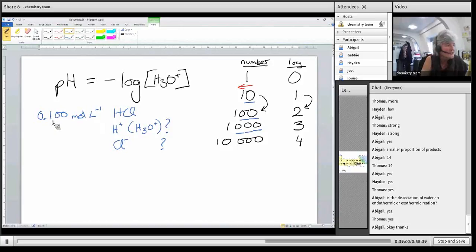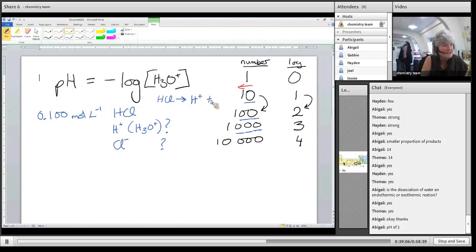Okay, remember my equation was going all the way to H plus and Cl minus. So I'm going to land up with nothing over here, and I'm going to have 0.1 over here, and 0.1 over there.